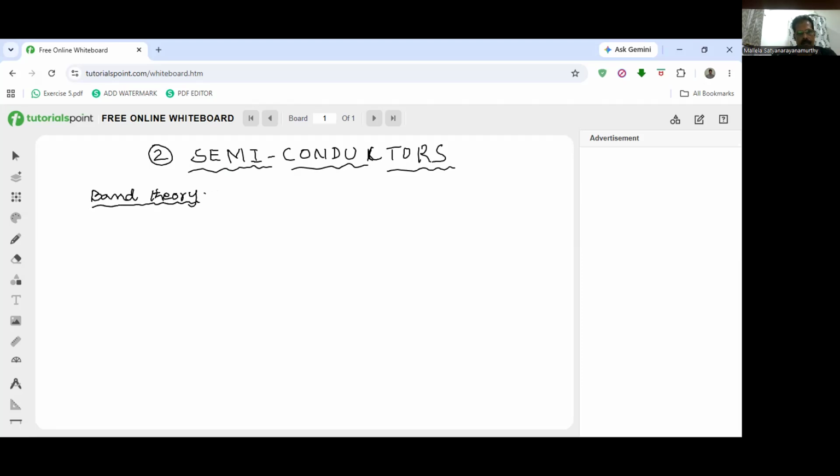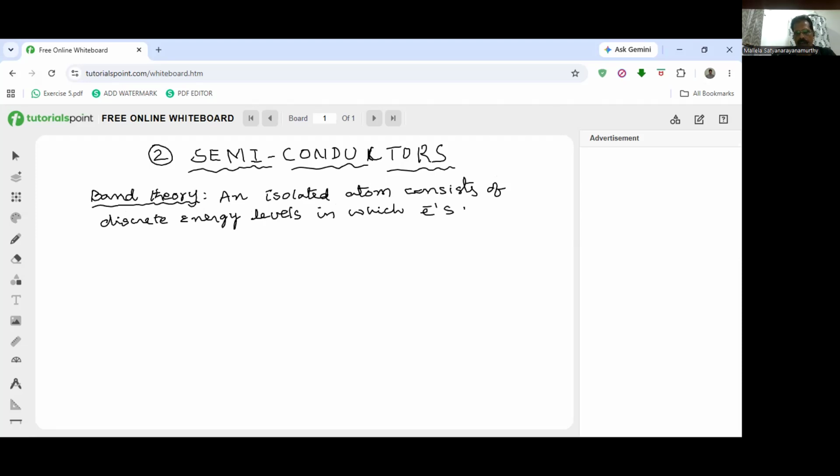It means an isolated atom consists of discrete energy levels in which electrons will revolve.